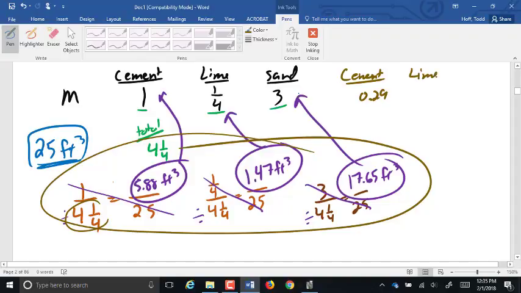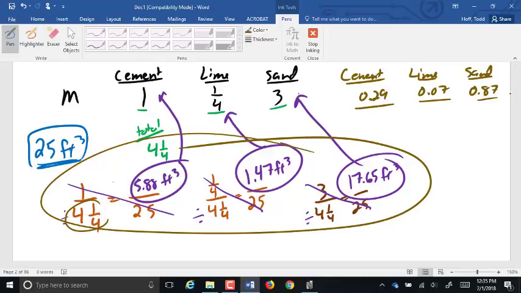For lime, it is 0.07. And for sand, it is 0.87. That is how much of each they need per cubic foot of mortar required. Now you'll look at that and you'll realize if you add those all up, that comes out to be larger than 1. There's a reason for that.